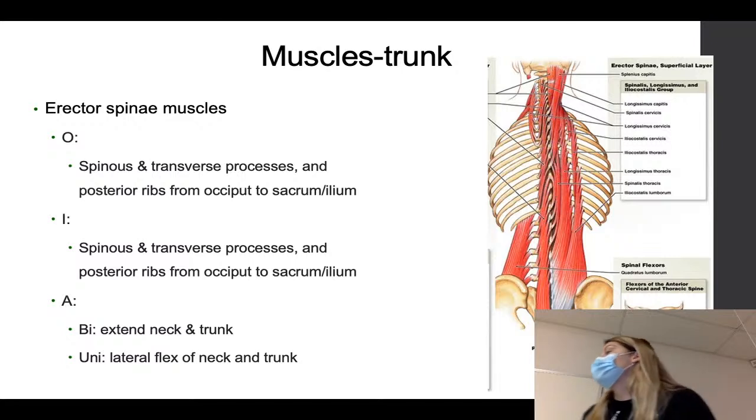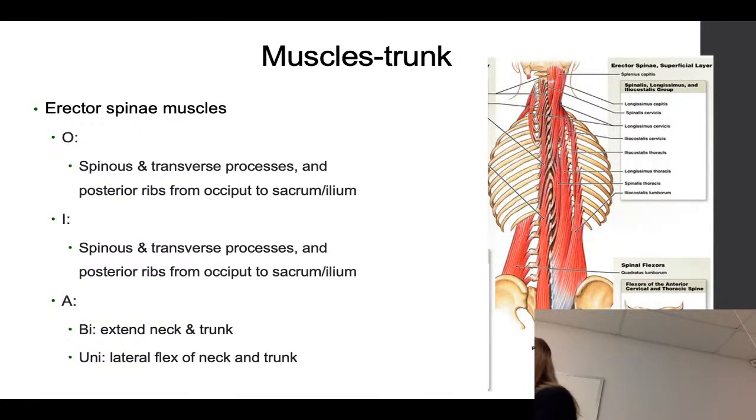What that means is your erector spinae are going to touch every single spinous process all the way up, every single transverse process, and all of your ribs, from occiput, back of your head, to sacrum, all the way down here. So they are traveling this whole distance.